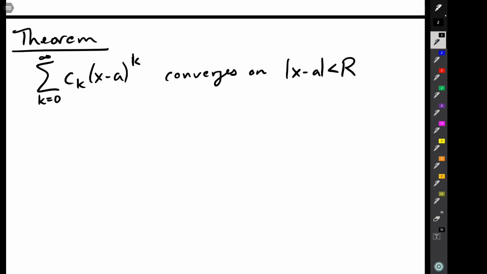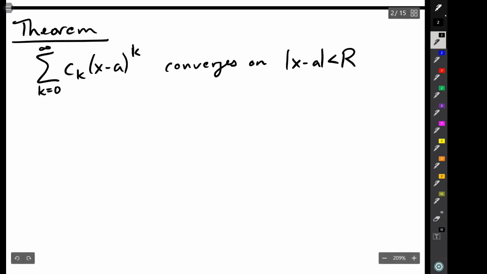So here, this is another way to write that interval: a minus r to a plus r. I said that backwards. All right. Okay, so let's say we have this here.